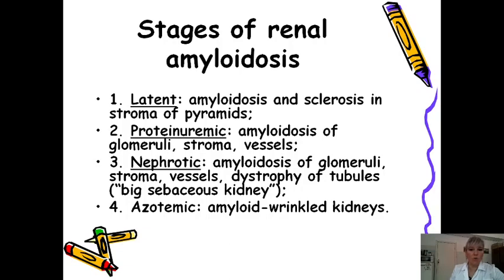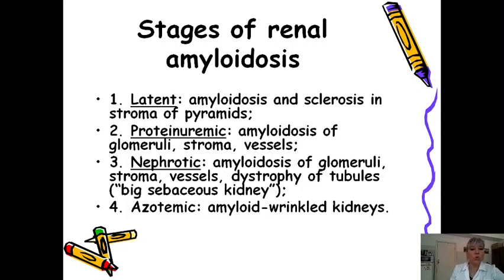Which stages of renal amyloidosis? First stage, latent amyloidosis and sclerosis in the stroma of pyramids without serious clinical and anatomical manifestation. The next, proteinuric. We see accumulation of amyloid in the glomeruli, in the stroma, and the wall of large vessels.